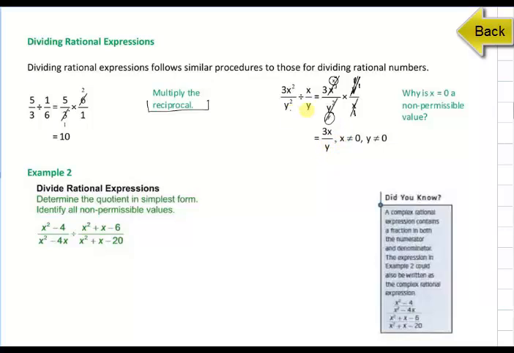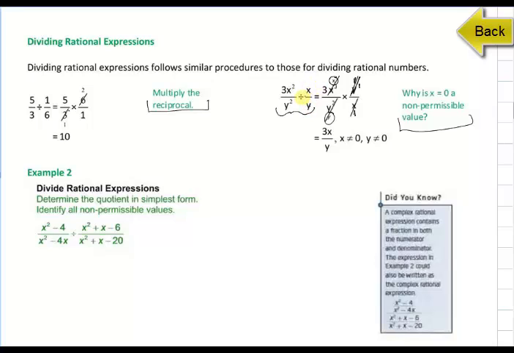Okay, and because we have variables in our denominators, we will have to concern ourselves with non-permissible values. Now, if you take a look on the right here, the question is, why is x equals 0 a non-permissible value? Because if you take a look at the original question, you only have y's in the denominator.